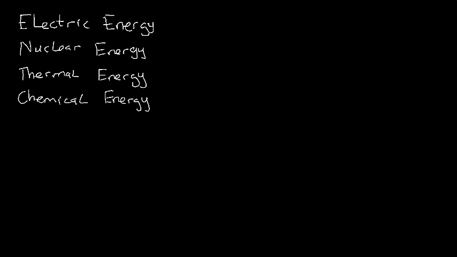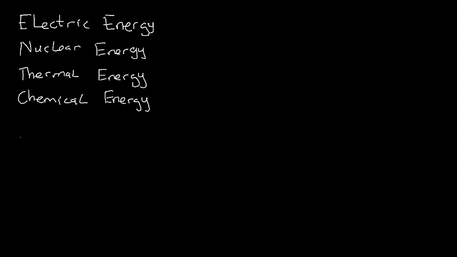Apart from kinetic and potential energy, which are forms of mechanical energy, we have many other forms of energy. Some of them include electric energy, nuclear energy, thermal energy, and chemical energy. Energy can be transformed from one form to another and can also be transferred from one object to another.